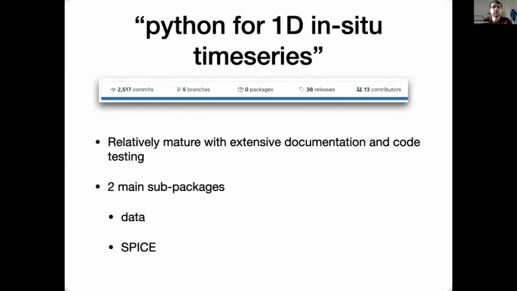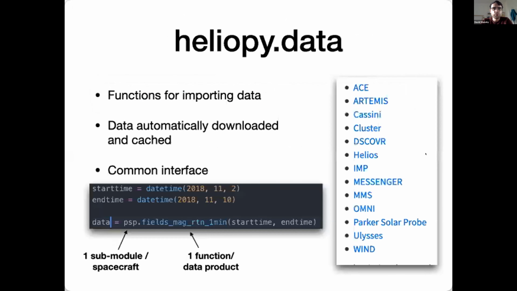It's got extensive documentation and code testing, and it basically comprises two sub-packages: the data sub-package and the spice sub-package. The data sub-package contains functions for loading data into Python.